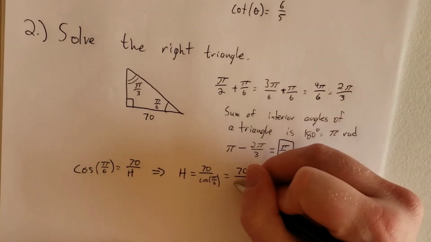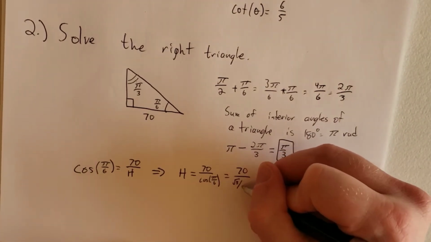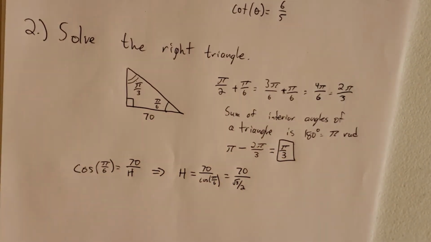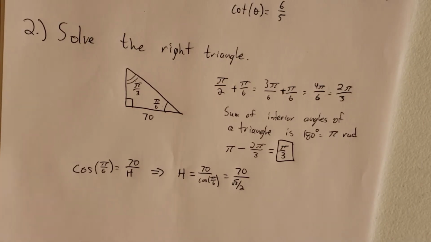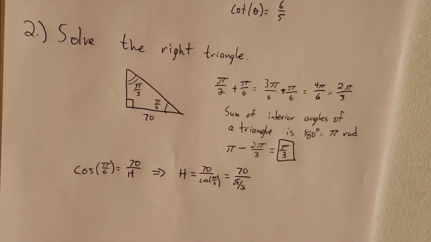Which is 70 over, cosine of pi over 6 is the square root of 3 over 2. If you haven't gone and memorized the unit circle and all of the associated angles and cosine, sine, tangent values for each of those angles on the unit circle, I would suggest you go back and do that now.